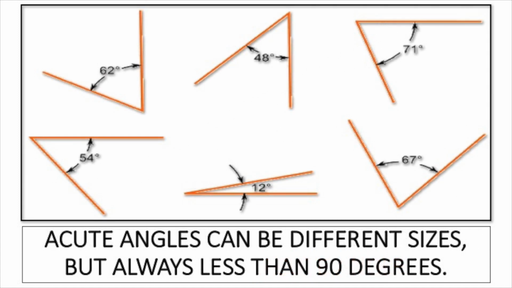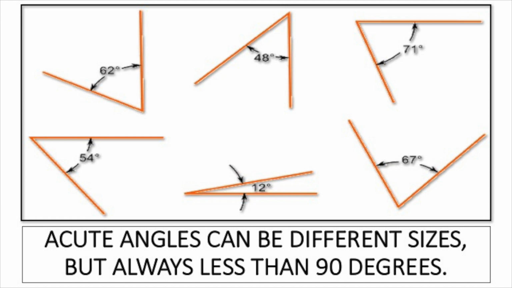Acute angles can be different sizes, but always less than 90 degrees. Okay, so now let's compare the acute angles here. Which one is the smallest acute angle? 12 degrees. Yes, 12 is the smallest, but who can tell me the largest? 71 degrees.